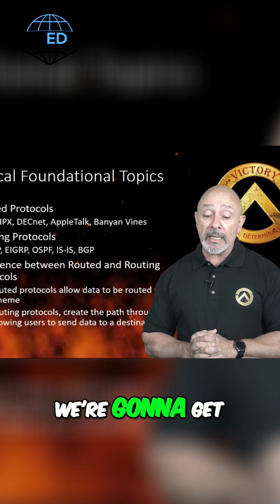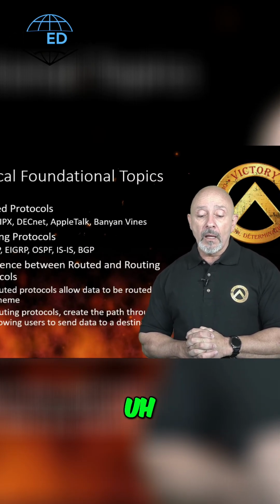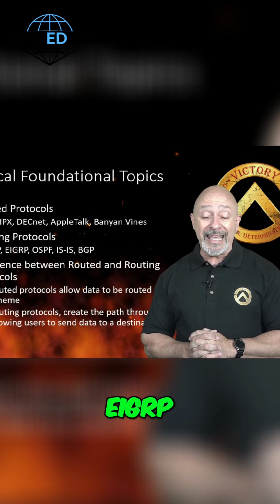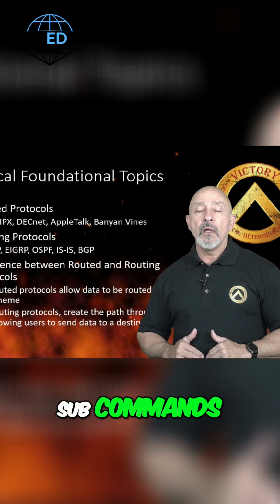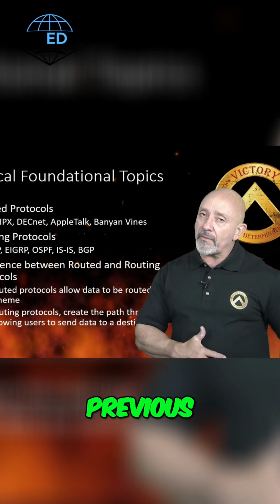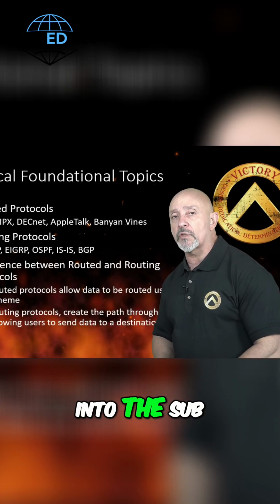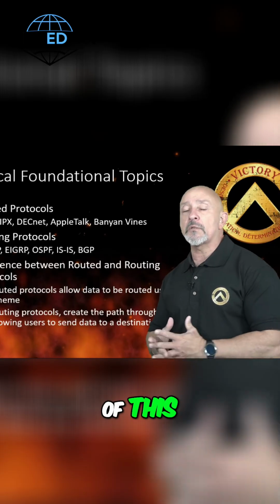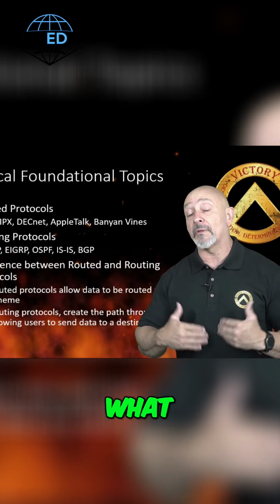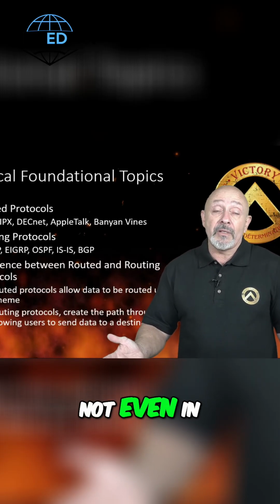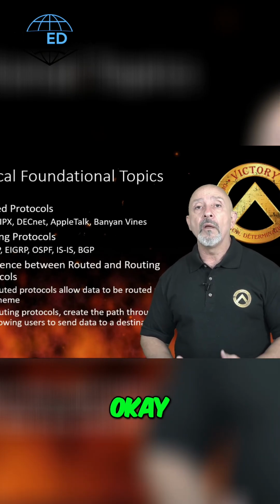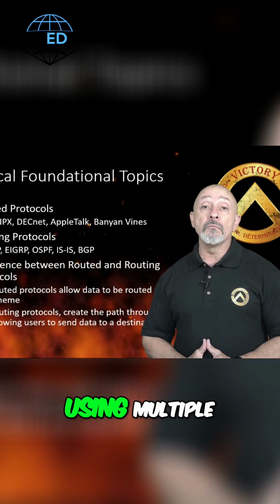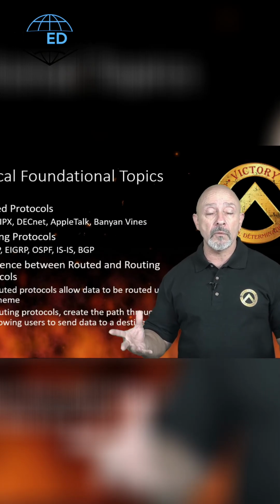Now, we're going to get into RIP, EIGRP, OSPF heavily. We'll get into the sub commands that we didn't do in the previous certification. We will be getting into the sub commands of this particular certification because that is what they require. Even when we talk about layer 2, where the switches are at, we're going to be using multiple root bridges.